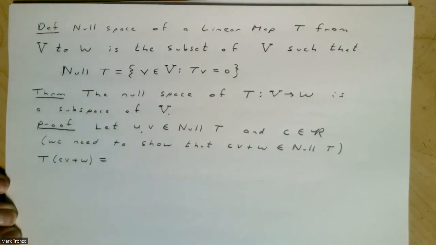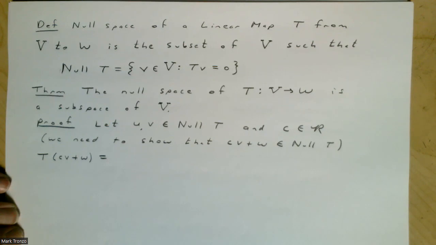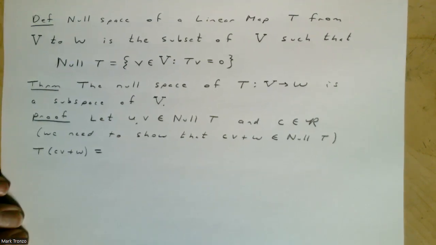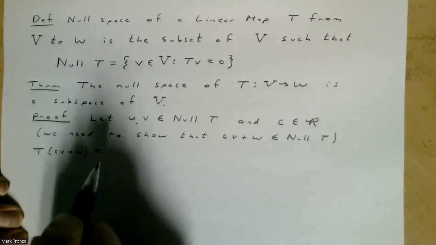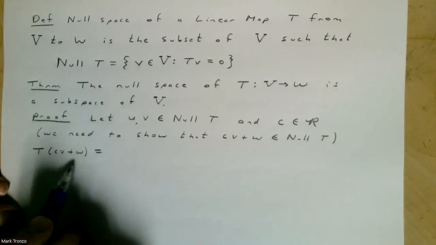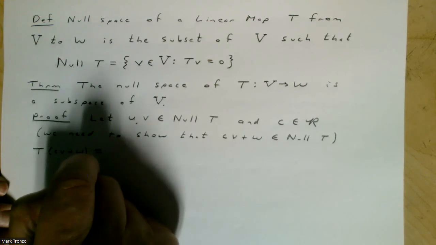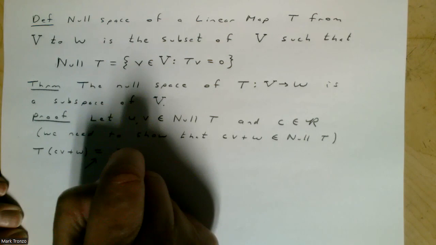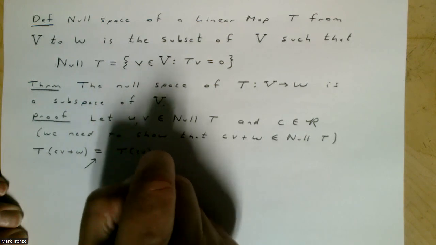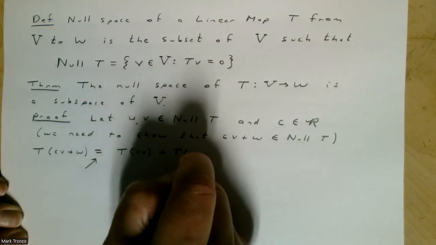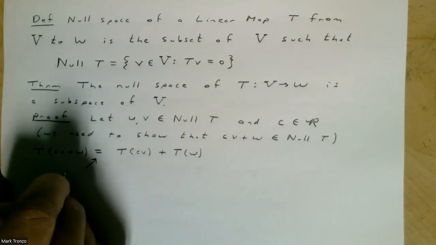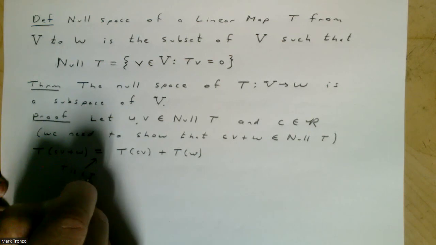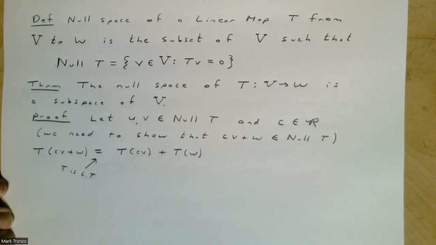Again, this can look a little bit confusing because it looks very similar to when we're testing for linear transformation. But now, because we know T is a linear transformation, we can say that T of cv plus T of w. Again, because T is a linear transformation, we're allowed to do this.